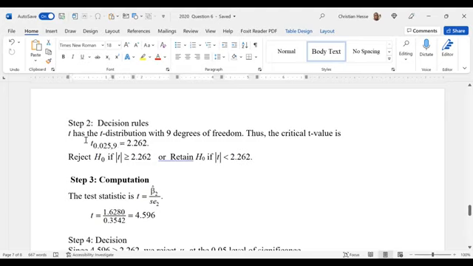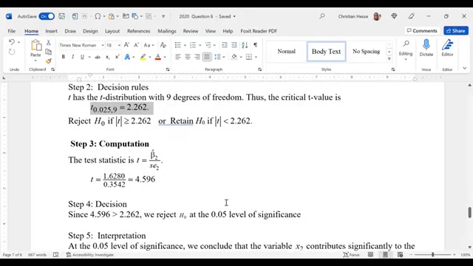When you read from the T distribution table, it gives you 2.262. So the decision rule is reject H naught when T is greater than 2.262, or retain H naught when T is less than 2.262.